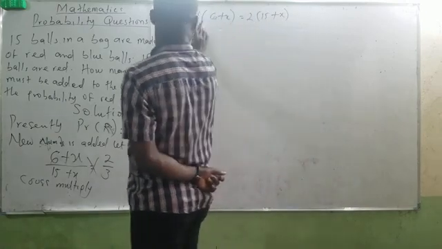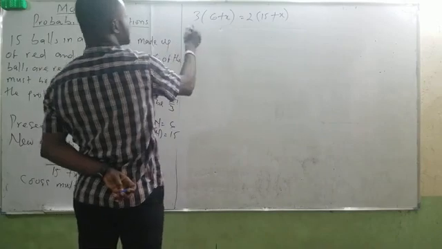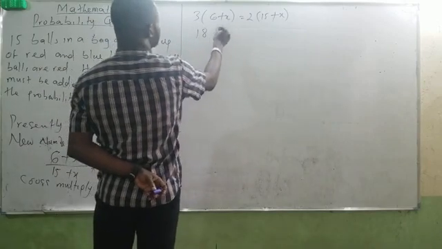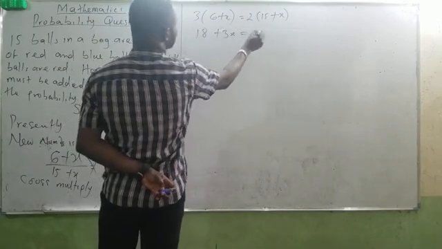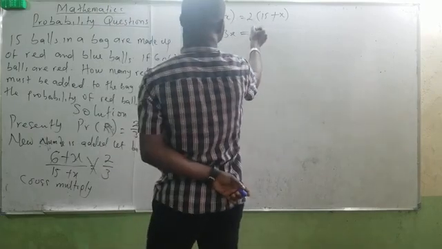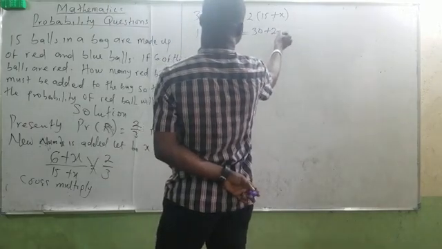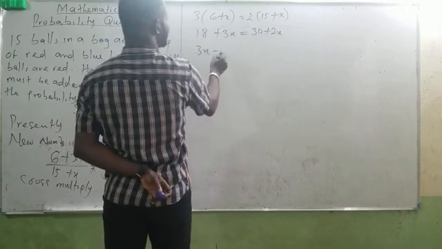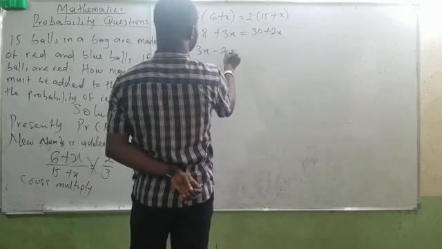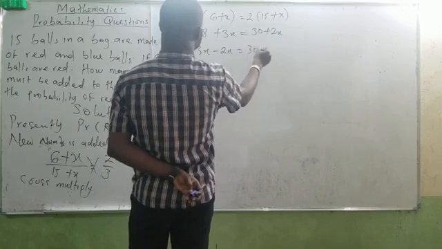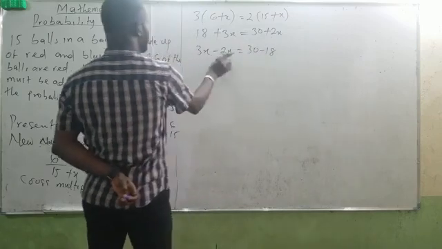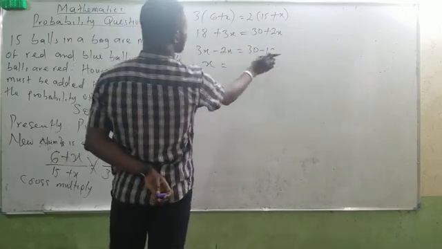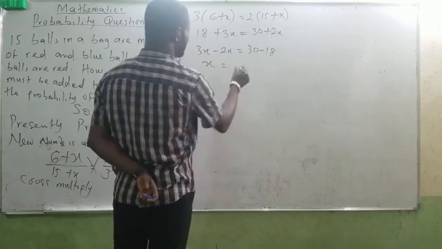That is, I have 18 plus 3x equals 30 plus 2x. I'll be having 3x minus 2x equals 30 minus 18. Now, here x equals 12.